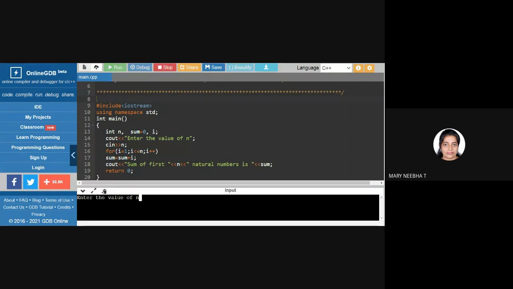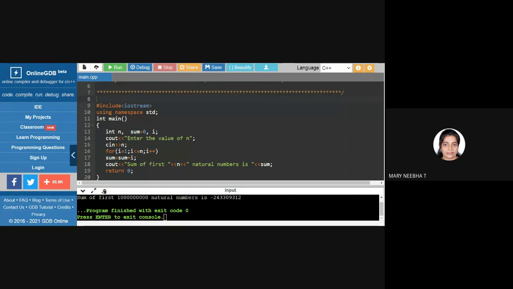Once again I'm entering a higher value than this. Previously I entered 8 zeros, now I enter 9 zeros. See, it's taking some time. Can you see how many seconds it took? Some 3 seconds it took, right?